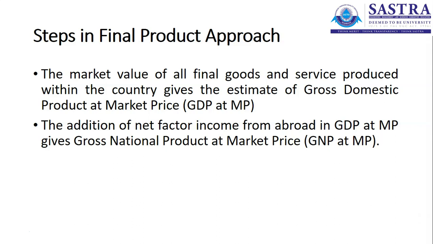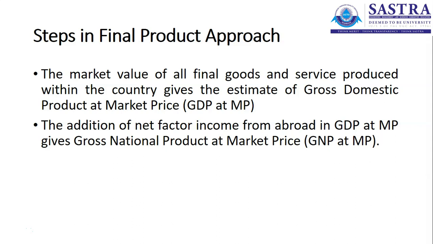Then we calculate the overall services sector: how many units are manufactured and what amount of services are rendered, and together the value is calculated. And together the foreign transaction, how much net transaction happens in the particular country during the given period of time, is calculated for arriving at the gross domestic product at the market price.